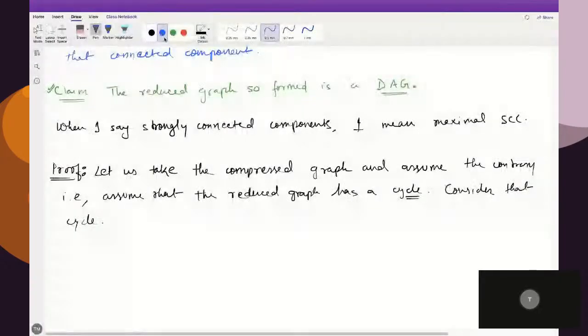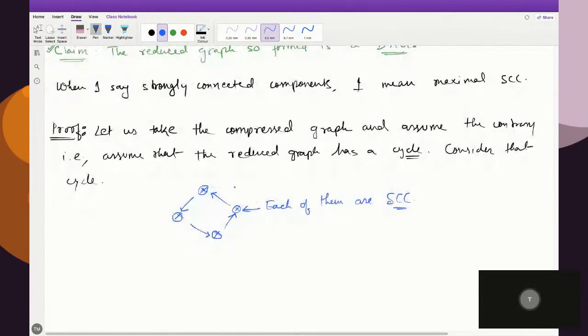So this is the cycle, right? There has to be a cycle, so I took any cycle because it is not a DAG. If it is a cycle and each of these is a strongly connected component, then each of them is strongly connected, and we have a cycle.